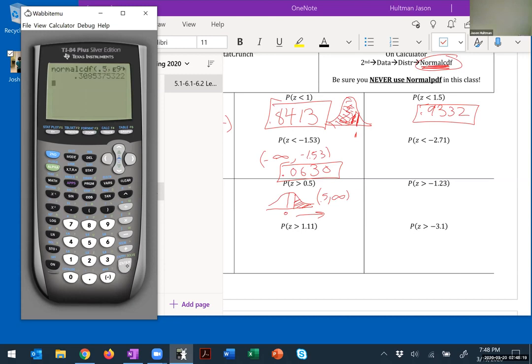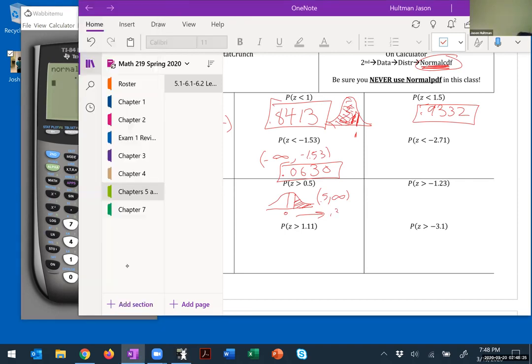Paste that, hit enter, and that's 0.3085. Let me write this one in real quick. I forgot to write that in.